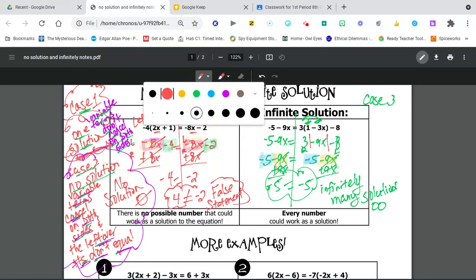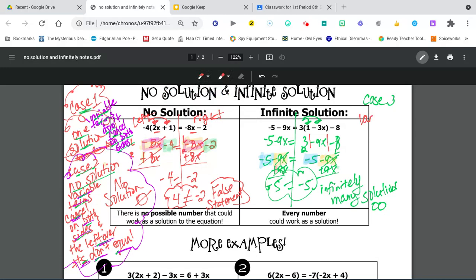So case 3, I'm going to write my variable terms. Let me just write this. You all need to be taking notes.